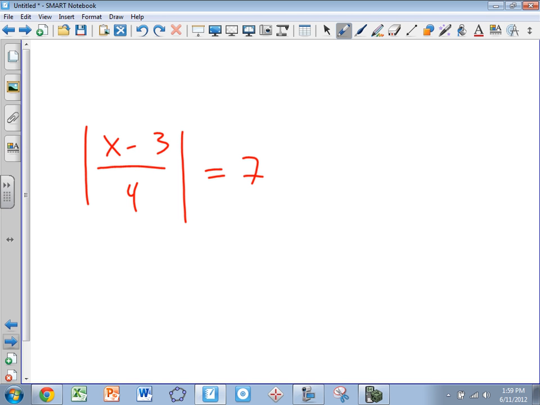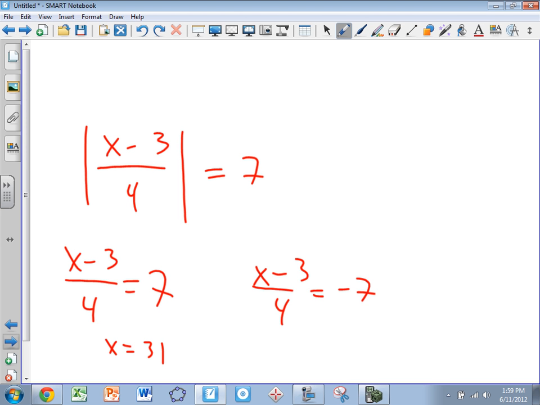So what you have to do is this. That's it. And then solve separately. Okay? Bring the 4 up, add the 3, so you're going to get 31 here. Bring the 4 up, you're going to add the 3 on that side, you're going to get negative 25. Okay, so you have 2 answers, obviously. 2 answers, because absolute value.